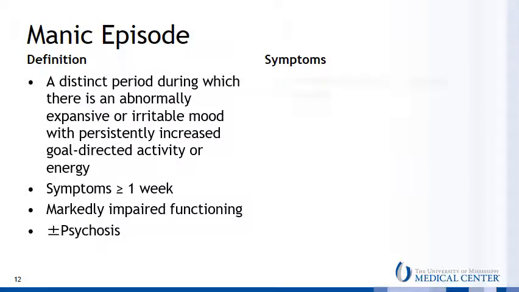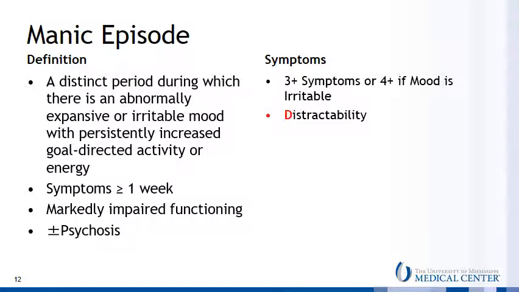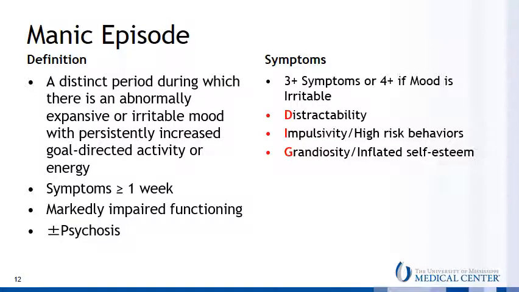In DSM-5, 3 or more of the following symptoms are needed for a diagnosis of mania if mood is not irritable, and 4 or more if it is. Specifically, look for distractibility, impulsivity, or engaging in high-risk behaviors, grandiosity or inflated self-esteem.